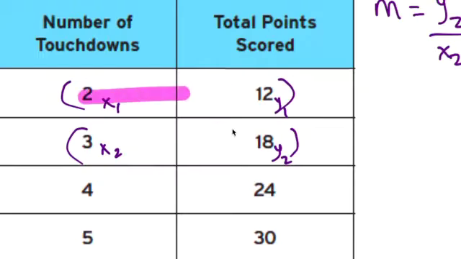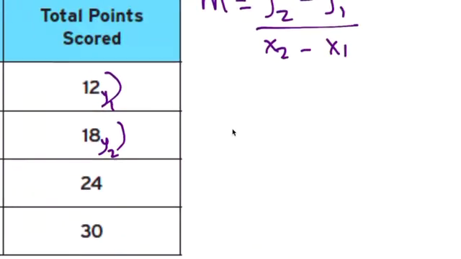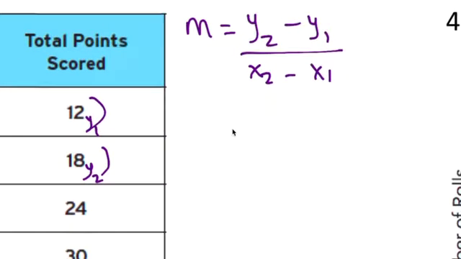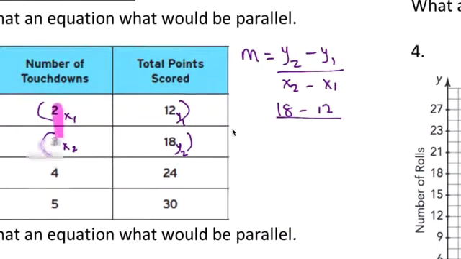Notice this is your first point and this is your second point. That's why it's a little 2. So we got 18 minus 12 over 3 minus 2, which is 6 over 1, or the slope is 6.